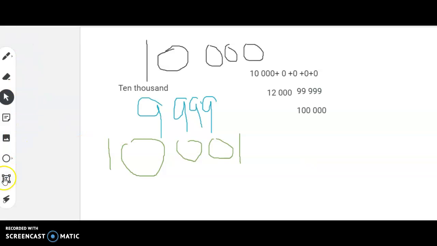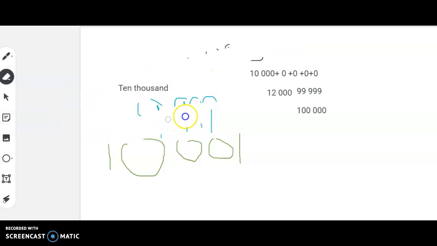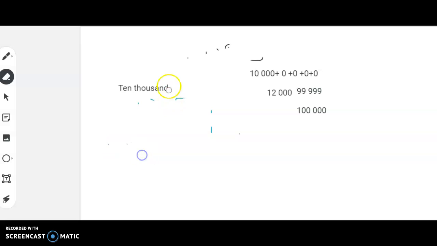If we want to do some more expanded form, let's just erase these so we don't get too confused. And back to my text box. I'll just delete those. If we want to do expanded form of a number, it's important to understand what goes where.